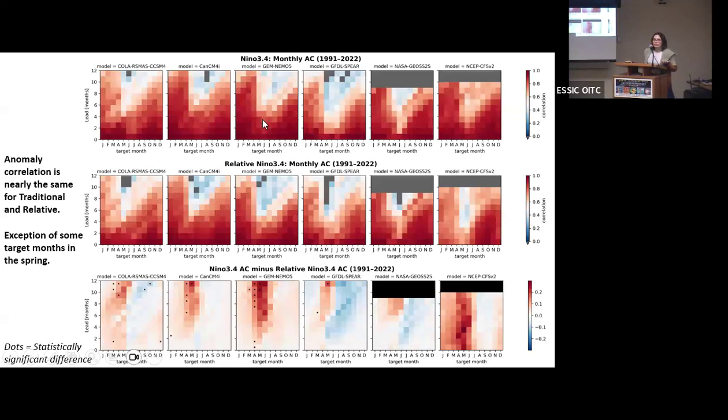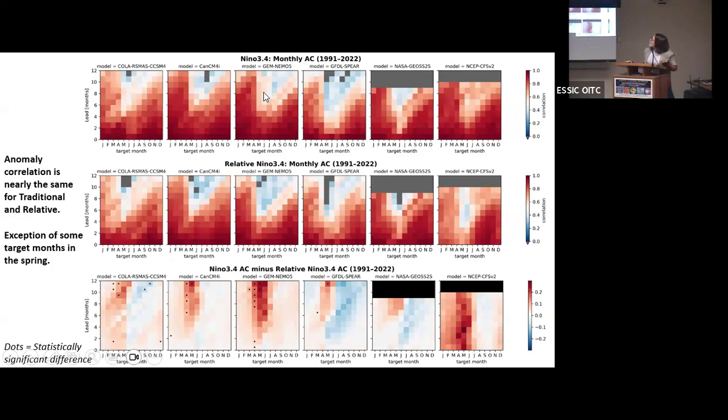Reds are more skillful; these are large values, around 0.9. This is showing different models from the North American Multi-Model Ensemble. The target month, the month you are predicting, is on this axis, and the y-axis is lead time, so longer lead times are toward the top. This area with the blues is essentially our spring predictability barrier, where we see less skill.